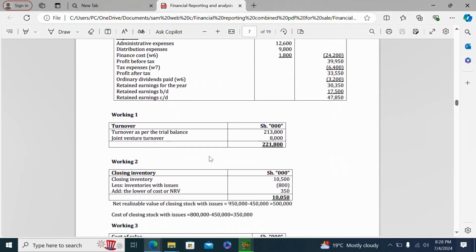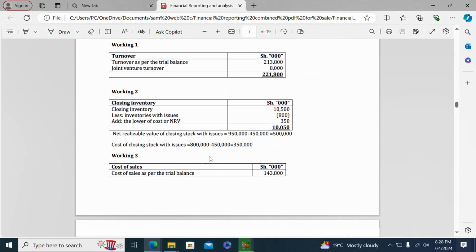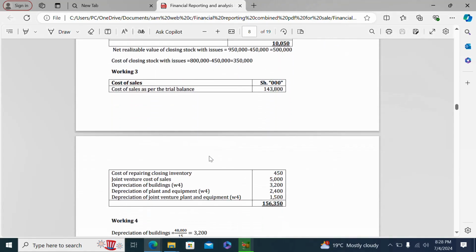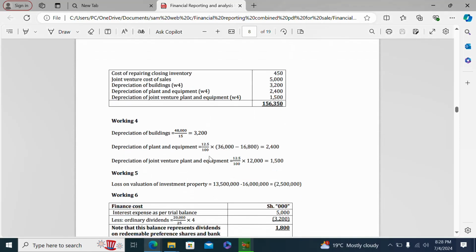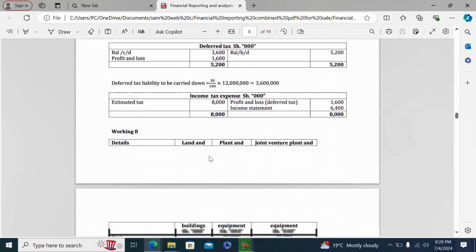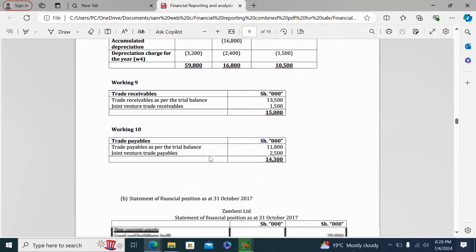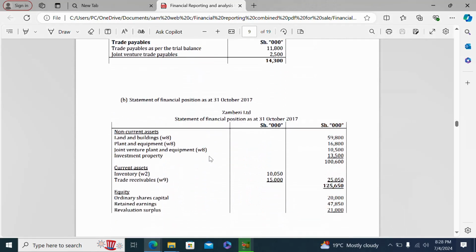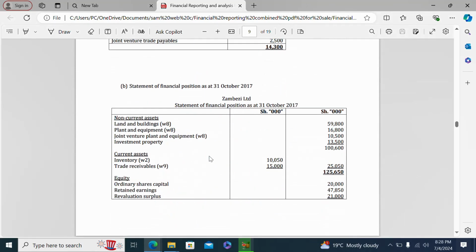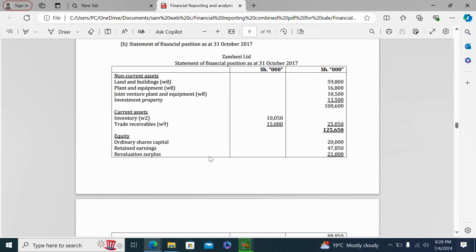Then we have the workings for that part of the question. Workings continue. And then part B of the question, we have the statement of financial position as at 31st October 2017.